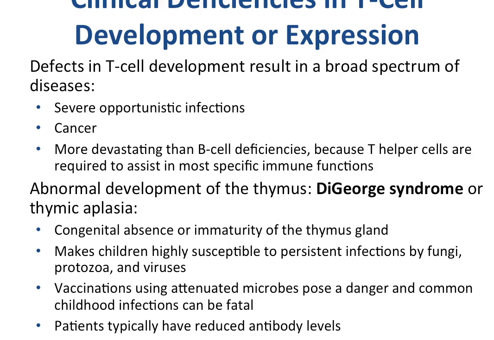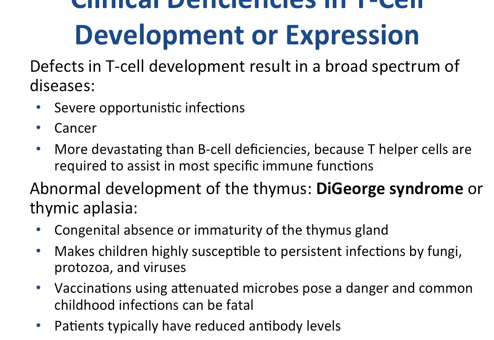If a patient has a T cell defect, the patient will have opportunistic infections, cancers, or the like, so the patient's symptoms are actually worse than the patient with the B cell defect.